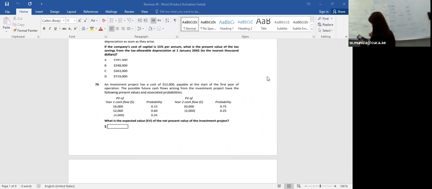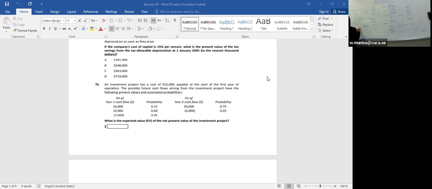So first one, 16,000 multiplied by 0.15 is 2,400, plus 12,000 multiplied by 0.60 is 7,200, minus 4,000 into 0.25 is 1,000. So expected value total of inflows is 2,400 plus 7,200 minus 1,000. It's 8,600.